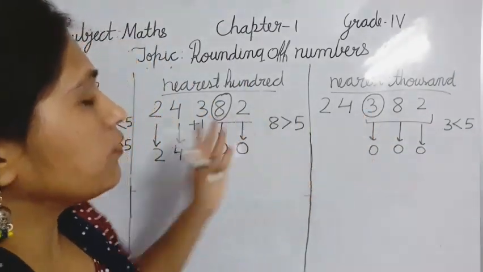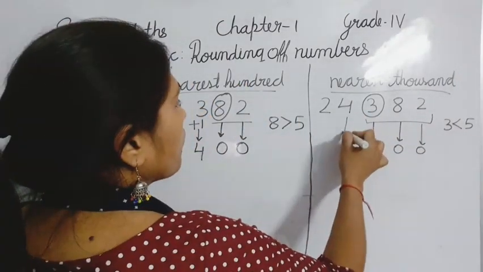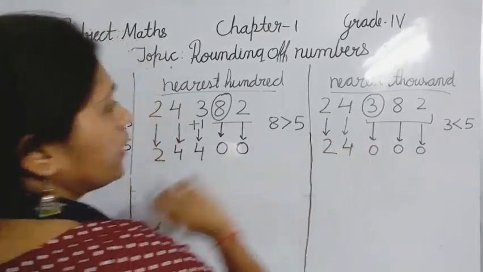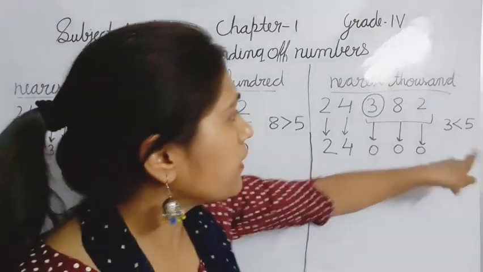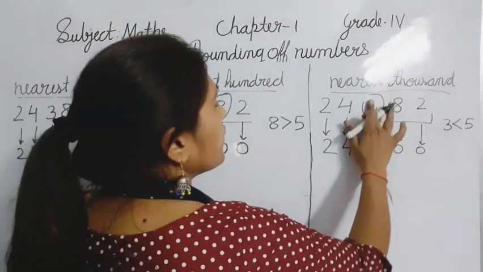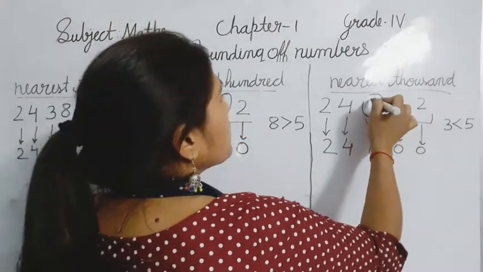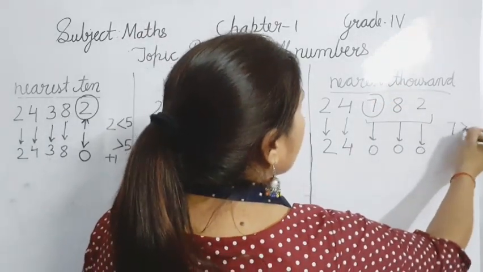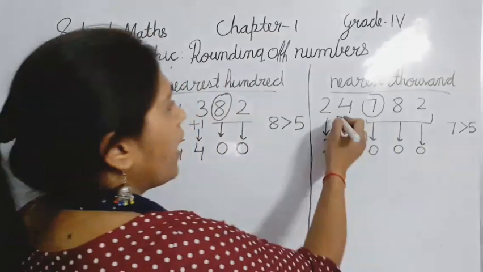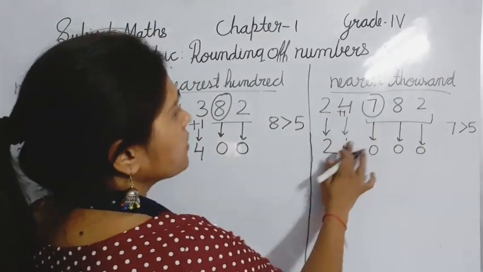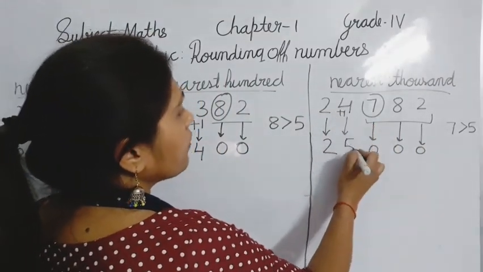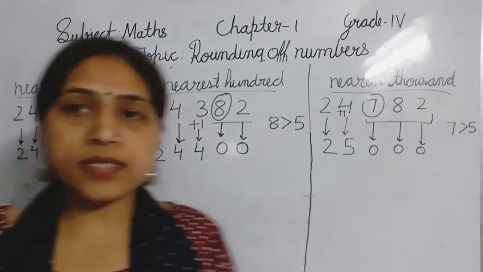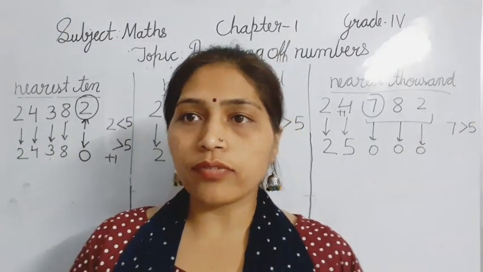The rest digits will all be the same, 4 and 2. Clear? If it is greater than 5, let's assume it is 7 here. 7 is greater than 5. This time we'll add plus 1 here, and 4 plus 1 converts into 5. Clear? So I hope this is clear to you all, how to round off the number.